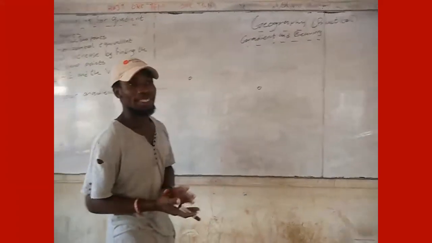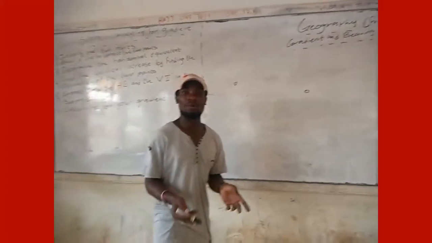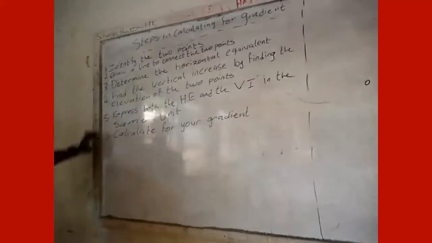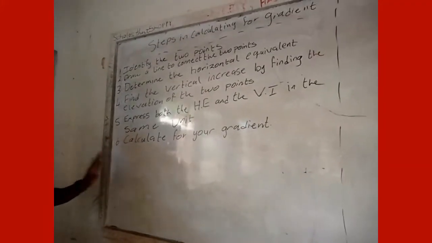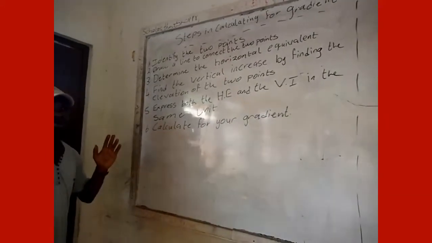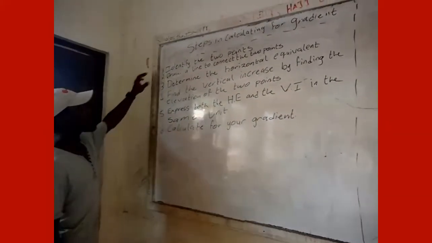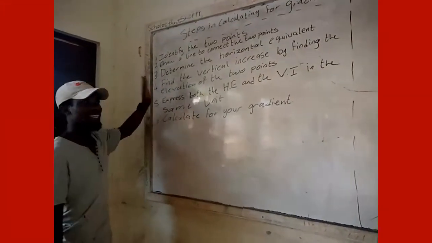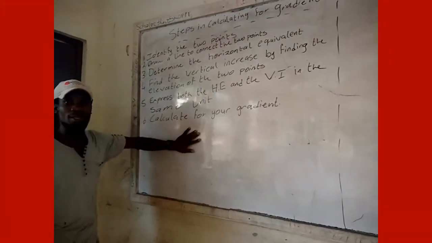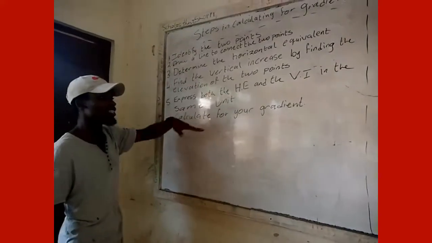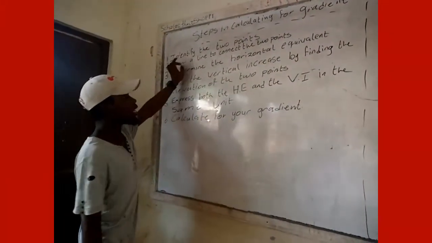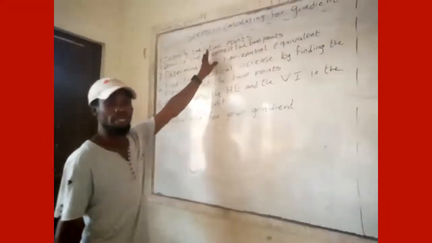So now let's look at the steps in calculating gradients. The steps are very simple, just six practical steps. The first one, as always in geography, is to identify what you've been given. Because gradient is between two points, you identify the two points and draw a line to connect them.